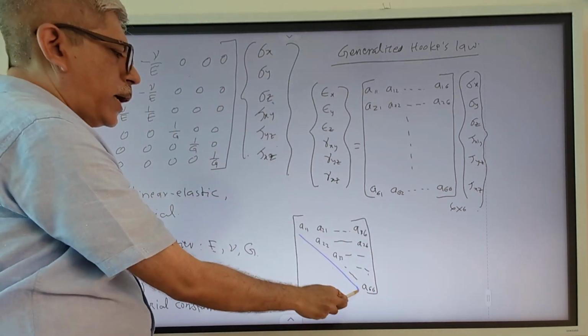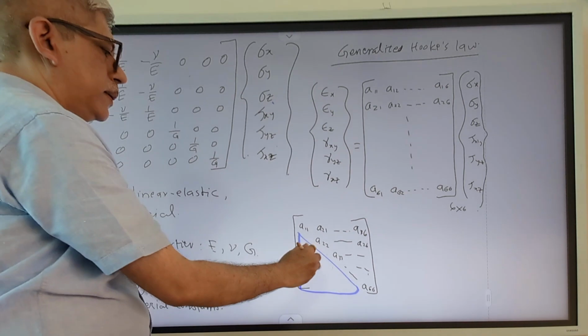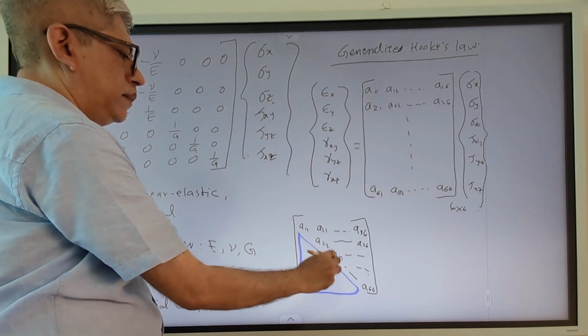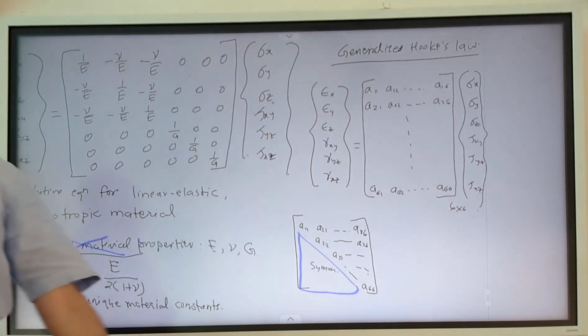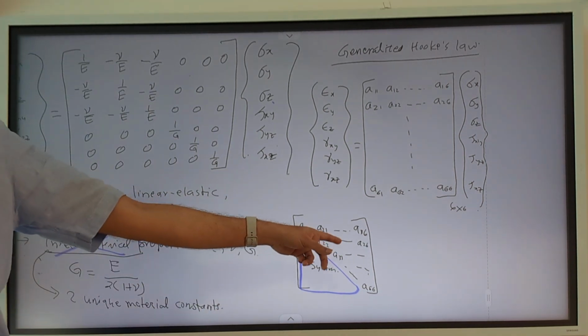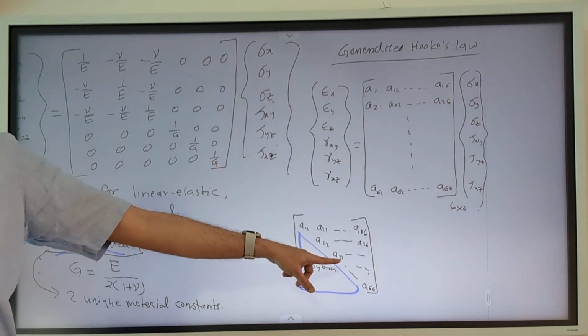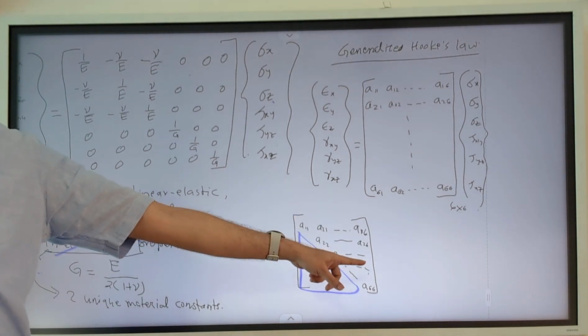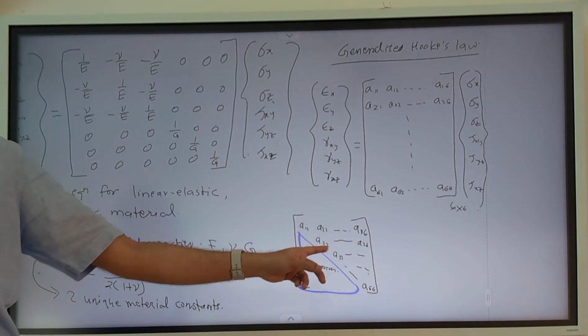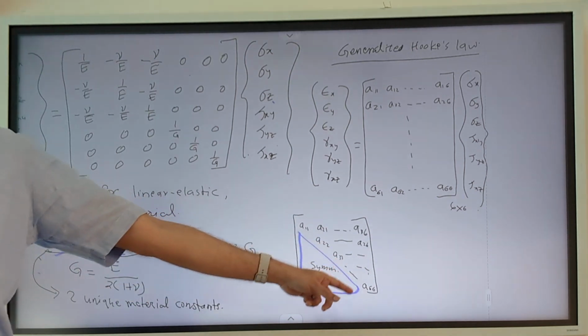So this matrix is always symmetric, and you really don't require 36. It can be proved that for solid materials this matrix is symmetric. So in that case, how many unique constants do you require?